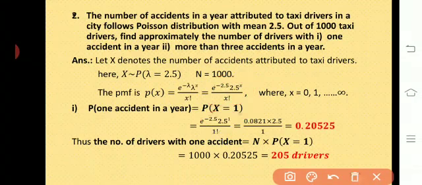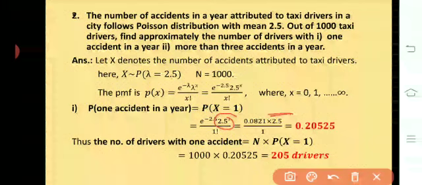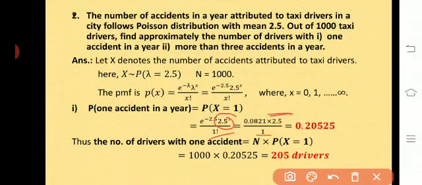Now e raised to minus 2.5 you will get from the statistical table, and that is 0.0821, into 2.5, divided by 1 factorial, which is 1. If you simplify this, you will get 0.20525.